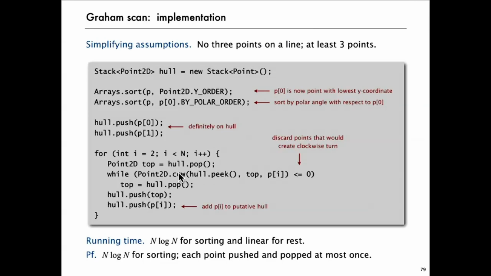And if it's not a CCW turn, it pops it and continues going. Very little code to implement the convex hull, given that you have a sort. And that's our main point for this lecture. There's many natural applications of sorting, but also we'll be able to develop new algorithms that use sorts that gain efficiency because of the efficiency of sorting.